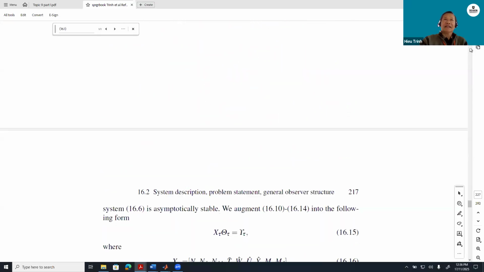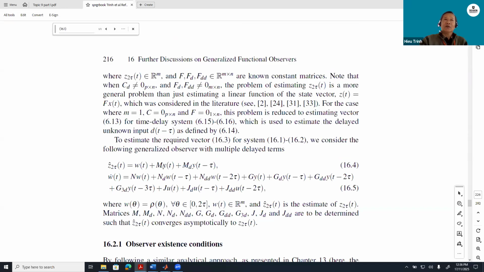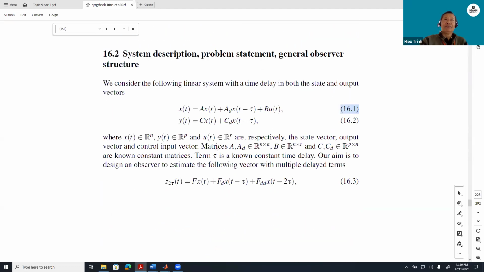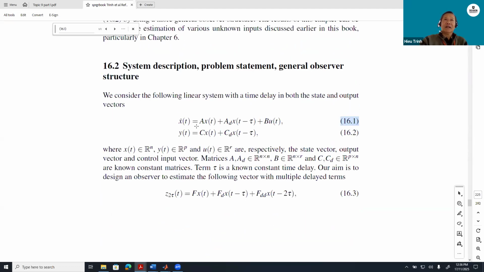So we could have a situation where the matrix C is 0.